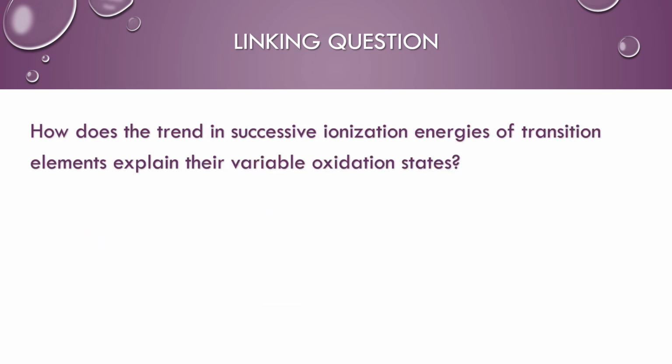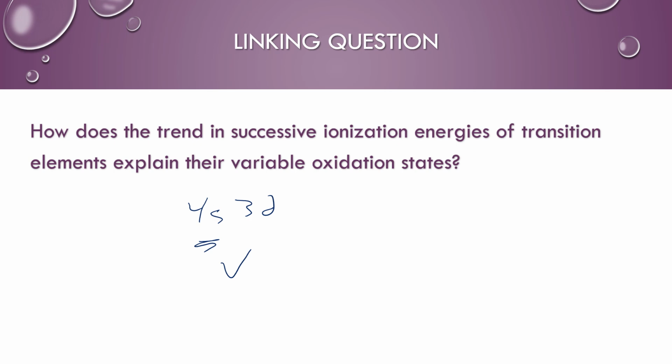This also links to successive ionization energies. This is an HL topic. So the transition metals, because their electron configurations typically end in 4s and 3d, although sometimes you won't see the 4s. The 4s and the 3d sublevels for those top row transition metals, they're so close in energy that the difference in ionization energies between them is very small.